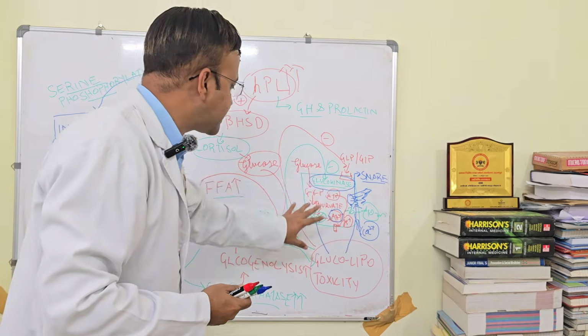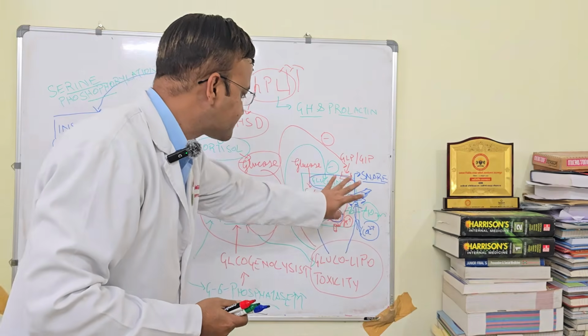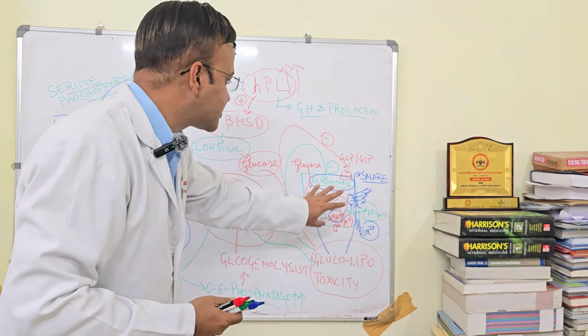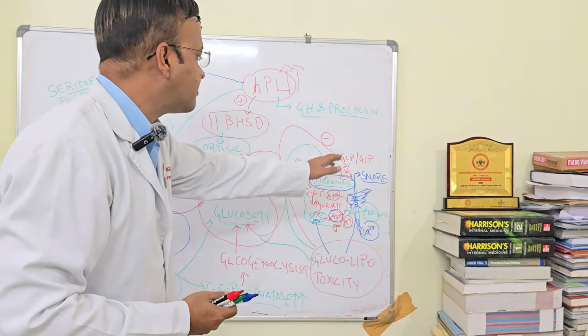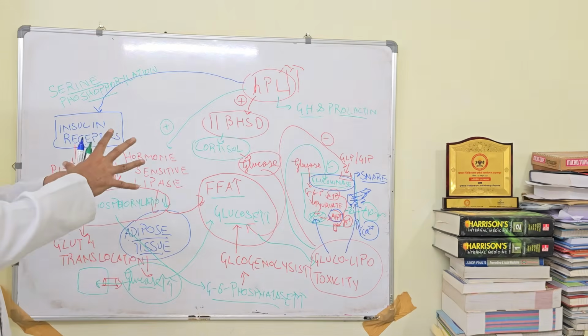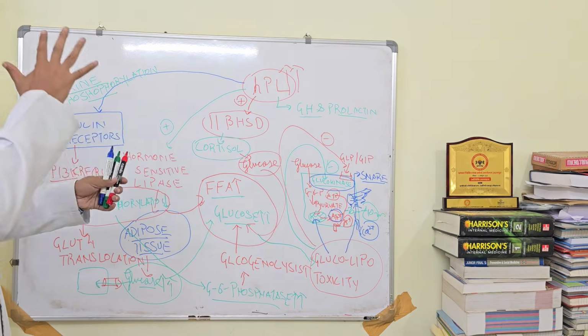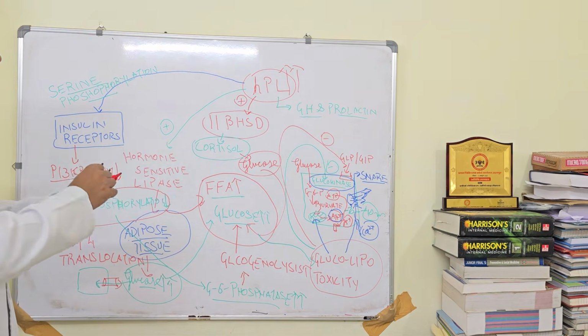So all the steps inside the beta cells will be inhibited because of this glucolipotoxicity, be it glucokinase, be it mitochondria, be it SNARE proteins, or be it incretins, right? So what will happen if the beta cell is undergoing so much hindrance at every step?